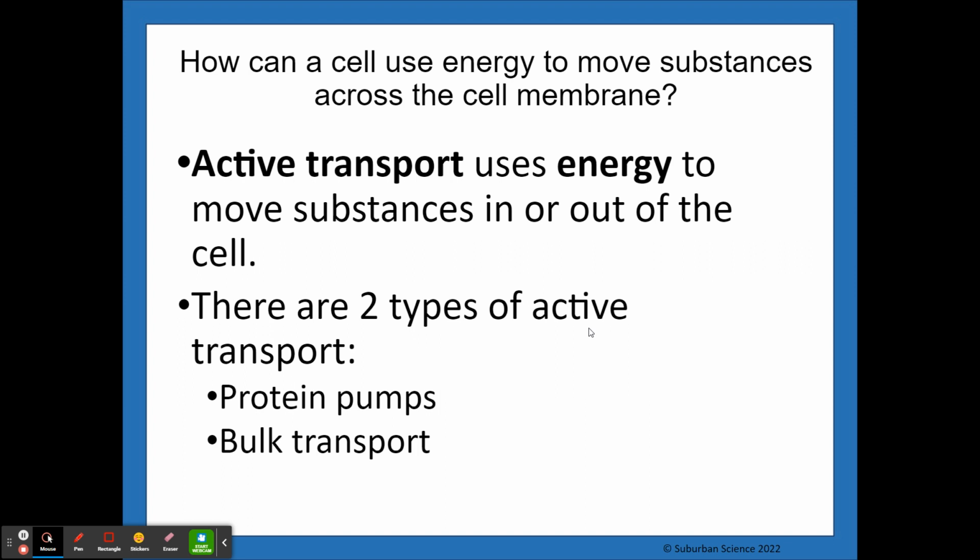This is almost the exact opposite, where active transport uses energy to move substances in and out of the cell, but now we are going from areas of low concentration to areas of higher concentration, and we'll see this in two main ways, whether that's through the use of protein pumps or through bulk transport. If you're looking in the book, you're going to want to look at molecular transport and bulk transport on page 276.